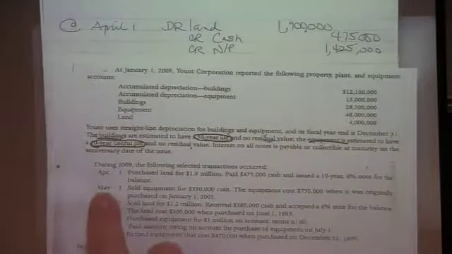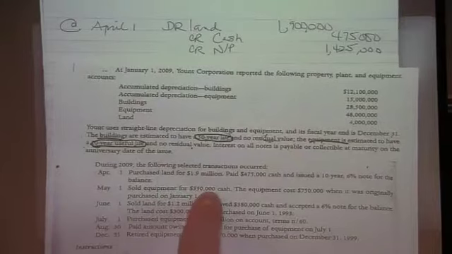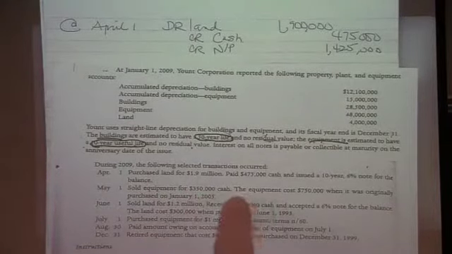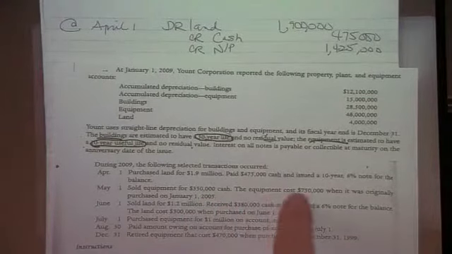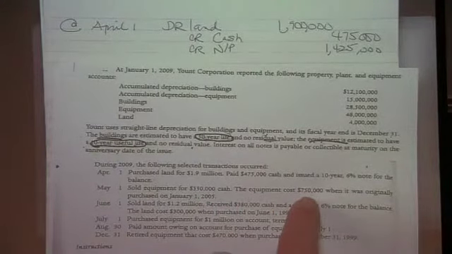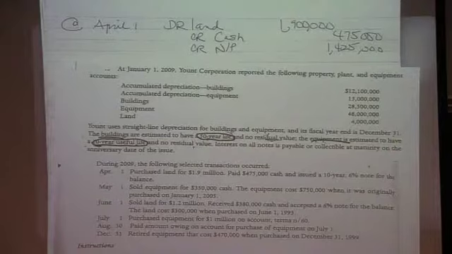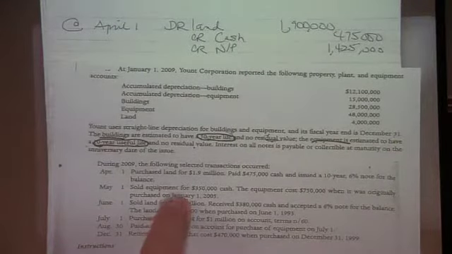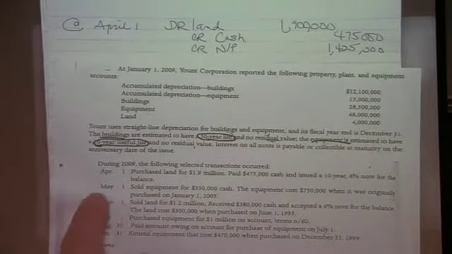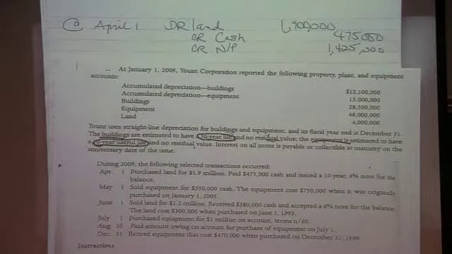The next is on May 1st, they sold equipment for $350,000. The equipment had a cost of $750,000 when it was originally purchased on January 1st, 2005. So here's the key thing about May 1st. We know that the equipment was sold on that date, which means that we need to record the depreciation expense of that equipment prior to the date of sale on May 1st.